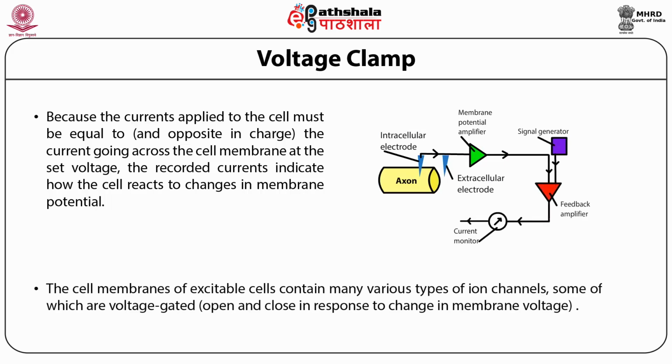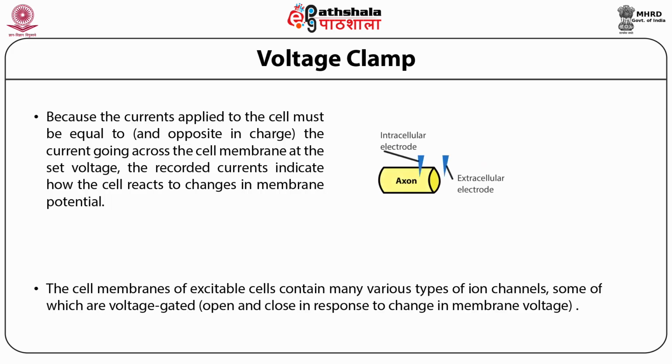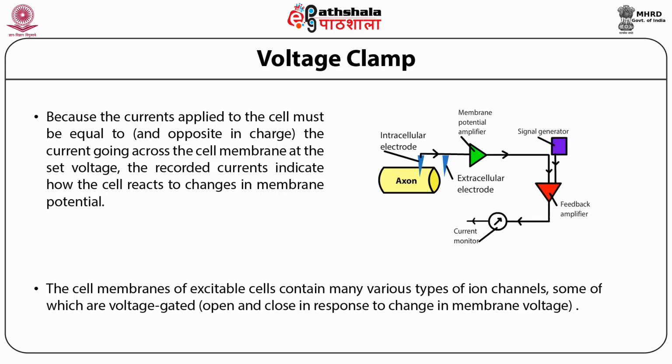The cell membranes of excitable cells contain many various types of ion channels, some of which are voltage gated, meaning they open and close in response to change in membrane voltage.